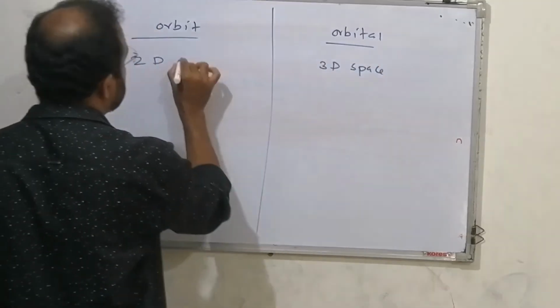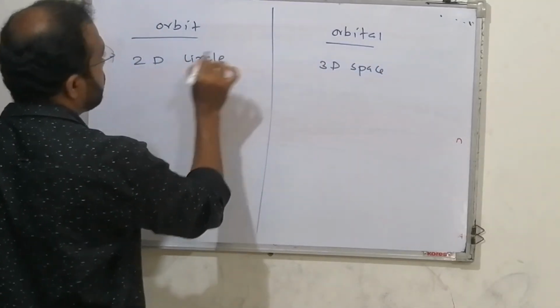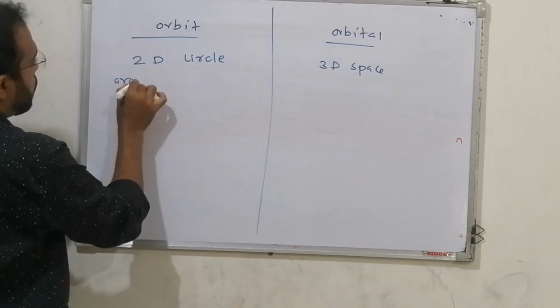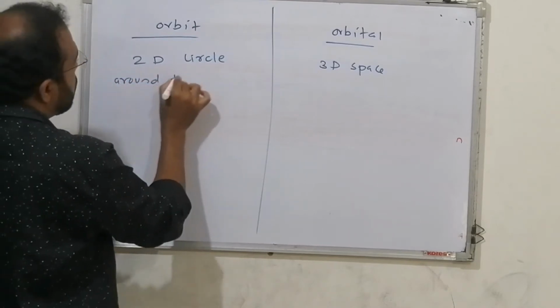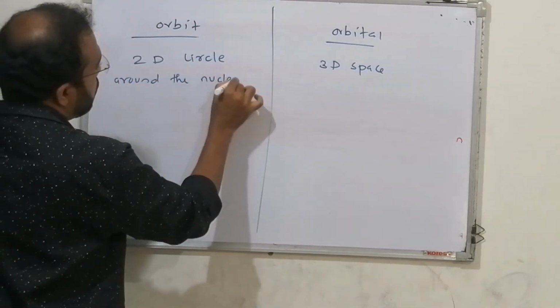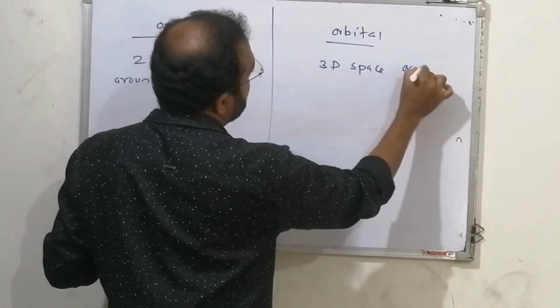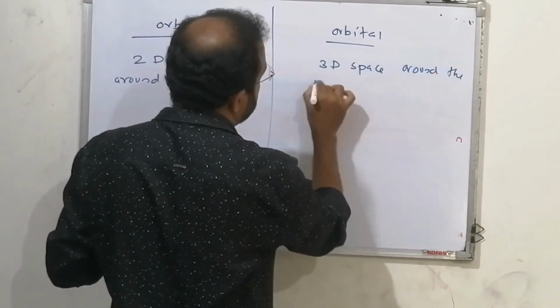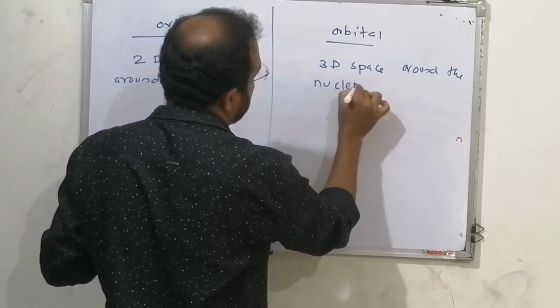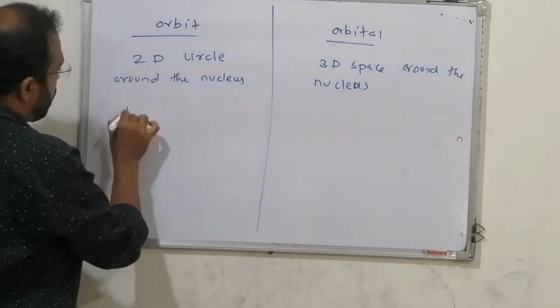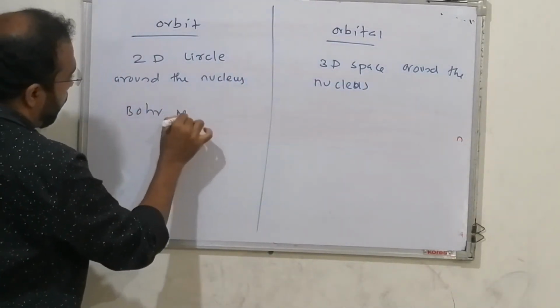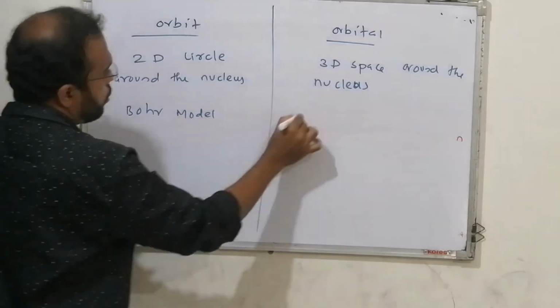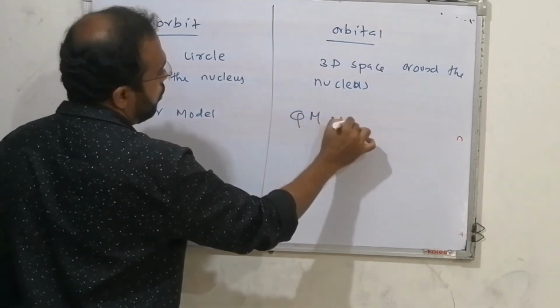This is a two-dimensional circle around the nucleus. This is three-dimensional space around the nucleus. Orbit is in the Bohr model. Orbital is in the quantum mechanical model.